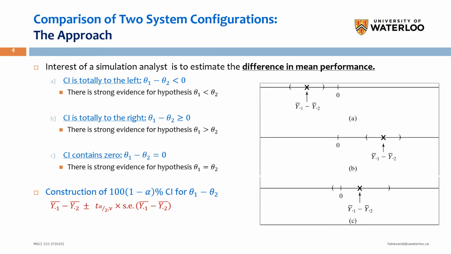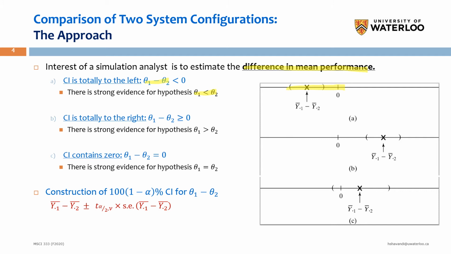Now we are going to make a confidence interval on the difference in mean performance. We'll build a confidence interval for theta 1 minus theta 2. If the confidence interval lies totally to the left of zero, there is strong evidence for the hypothesis theta 1 less than theta 2.